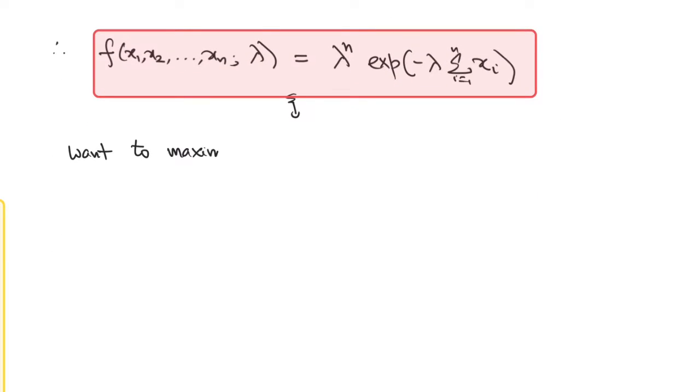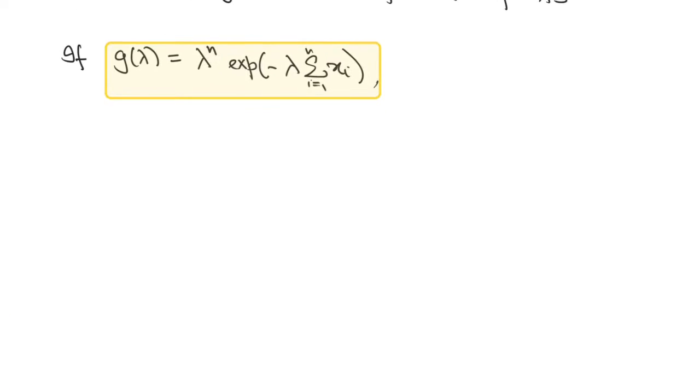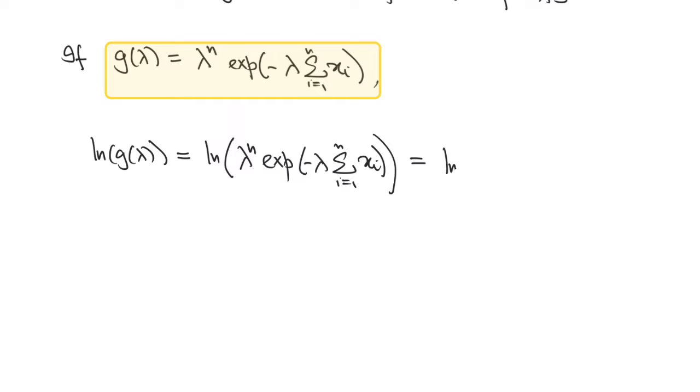We want to maximize this as a function of lambda. So if we set g of lambda to be equal to lambda to the n exponential of minus lambda times summation xi, we can take the logarithm of g of lambda, and this results in n times ln of lambda minus lambda times summation xi.